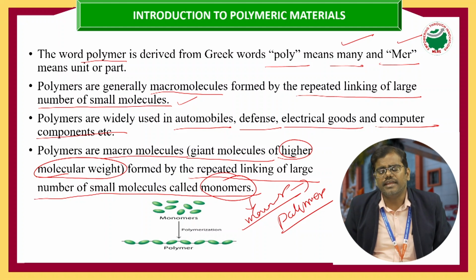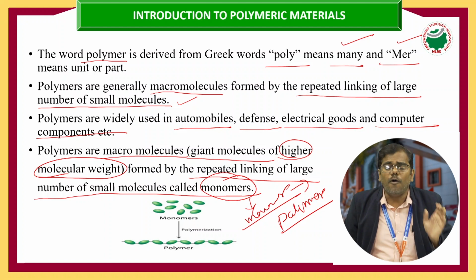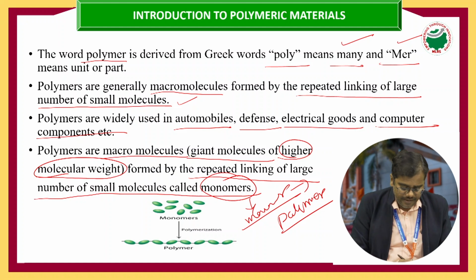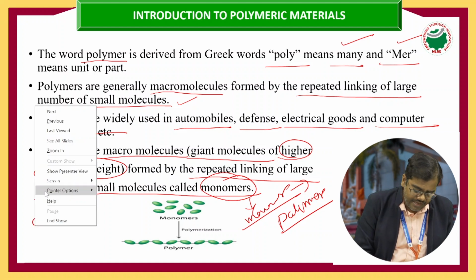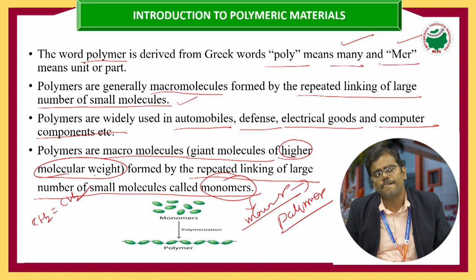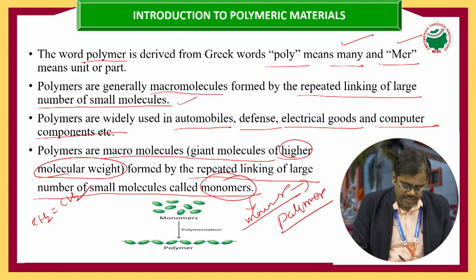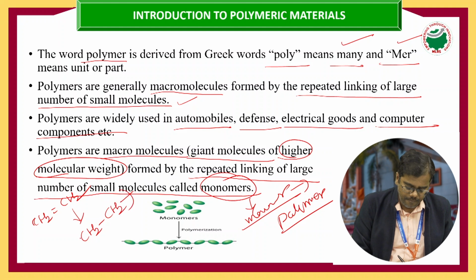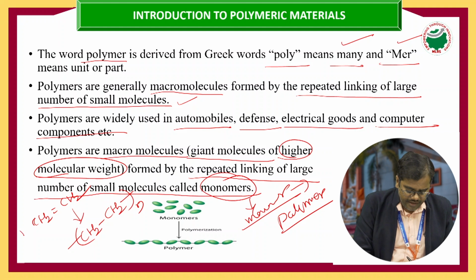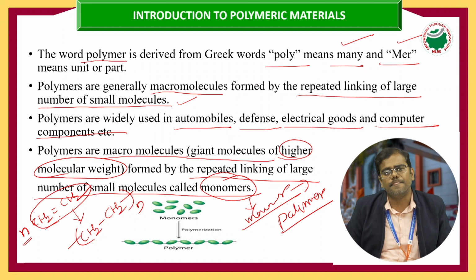For example, take polyethylene, the best polymer. Polyethylene is formed from the ethylene monomer. Ethylene, CH2=CH2, is the monomer, and from this monomer we get the polymer.